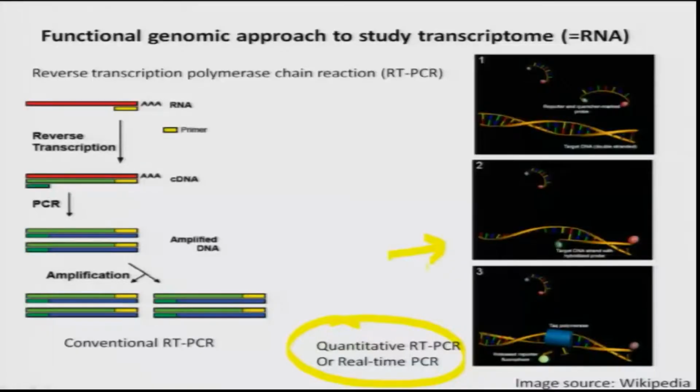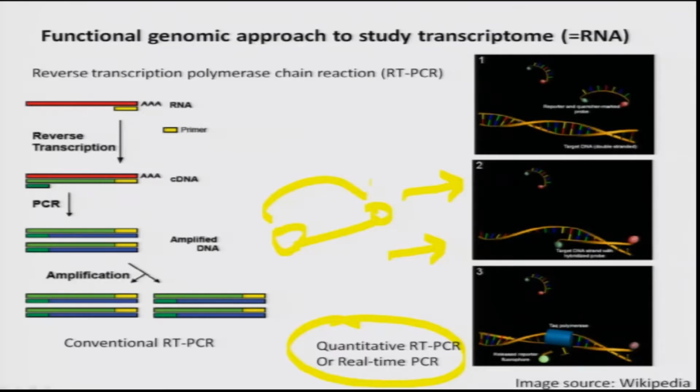One of the ways by which you study is you have the probes, which are what is shown here. The probes bind to your single stranded DNA and they have certain fluorochromes linked to the oligonucleotide probe.